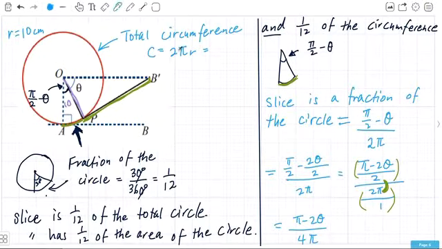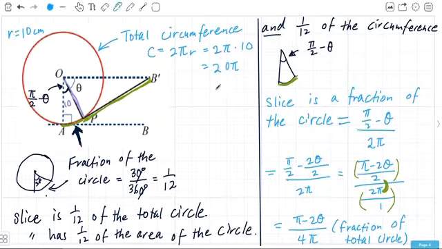So if we know that, we can substitute that in. 2 pi times 10, which is 20 pi. So in terms of this part here, the circumference, this is actually going to be a fraction. This is our fraction of the total circle, and we want to find that fraction of this circumference, which is the total. So let's do that on the next page.